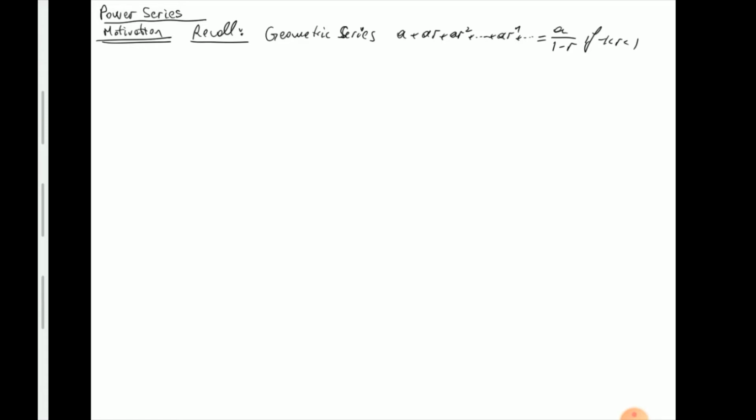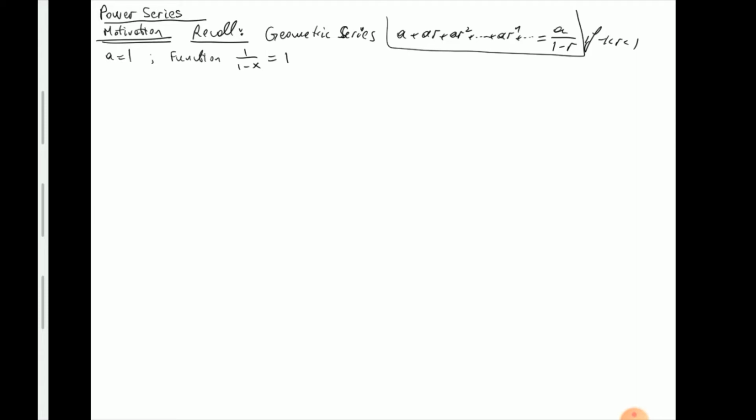So notice that with this example of the geometric series, I can actually come up with a function that can be written in terms of a series under some conditions. For example, if I take a to be 1 in this formula from the geometric series, and I look at the function 1 over 1 minus x, I can recognize that this function is the sum of a geometric series with r equals x.